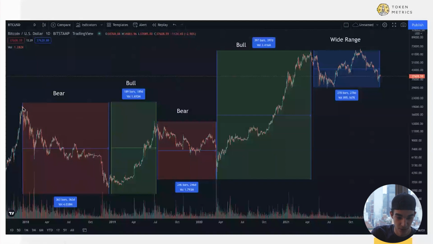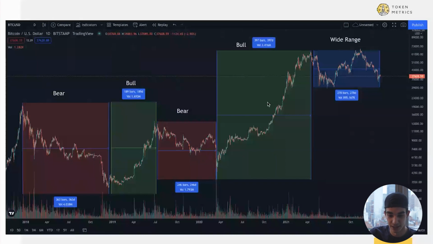So initially here, we have the big crash in 2018, and I'm going to consider this as my first bearish phase, and then a very short, strong uptrend in 2019. And then here you can consider it a wide range, or you can consider it a bearish market, but we'll see in the analysis, because here you can see the price is still making lower highs and lower lows, so you can probably consider it as a bearish market, although at the end it broke up above previous highs.